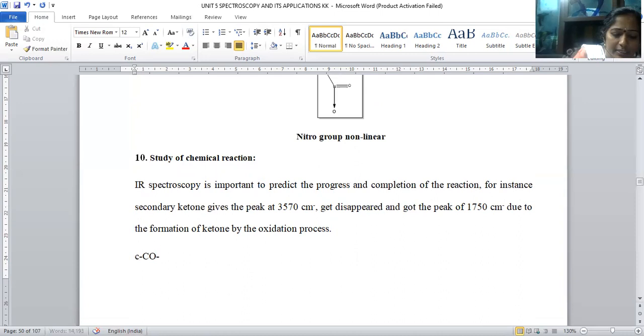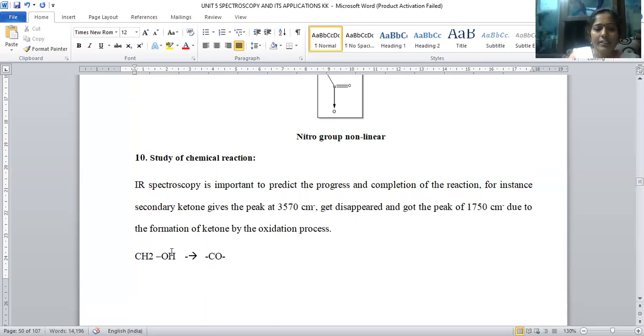Initially we are taking CH2 single bond OH, a hydroxy compound, as the starting material. Now, this hydroxy compound is subjected to oxidation by using a strong oxidizing agent.